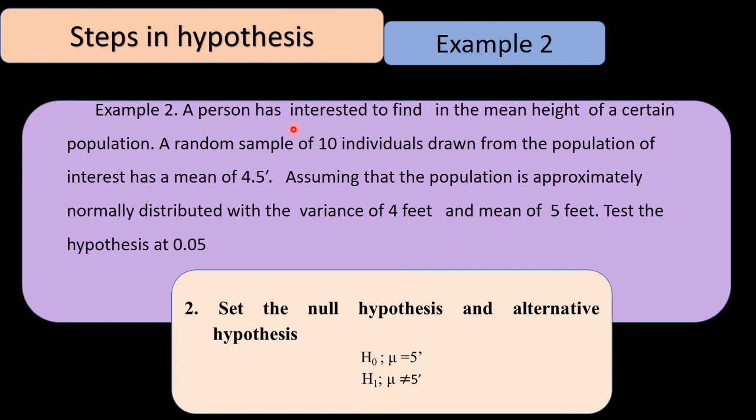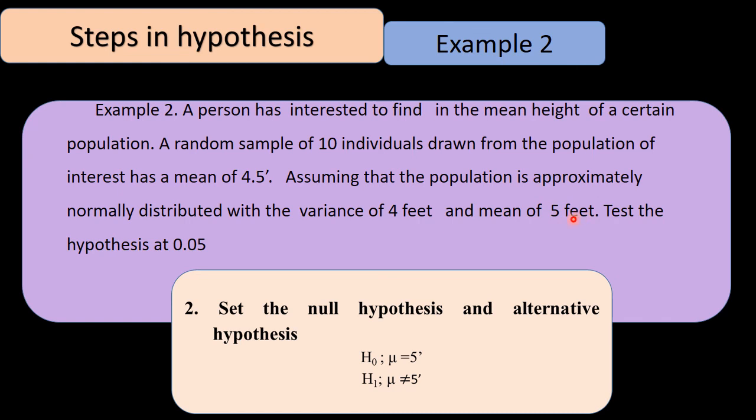Then we'll go to step 2. Here a person is interested in finding the mean height of a certain population and is doing some research using a random sample, and he got a sample mean of 4.5 feet. Assuming the population is approximately normally distributed with a variance of 4 feet and a mean of 5 feet, that is the population mean.